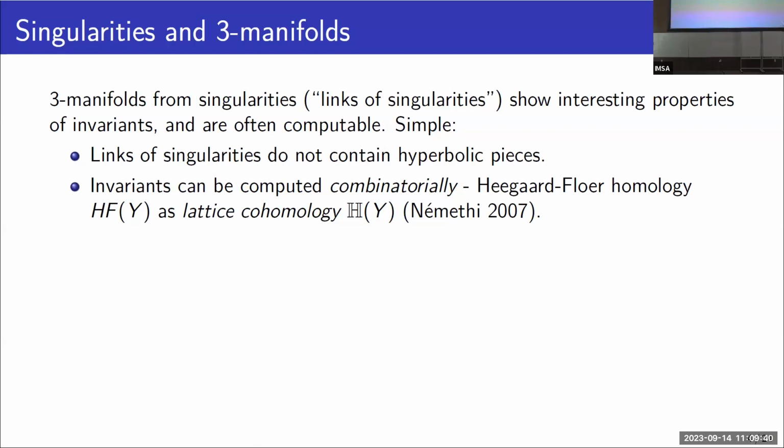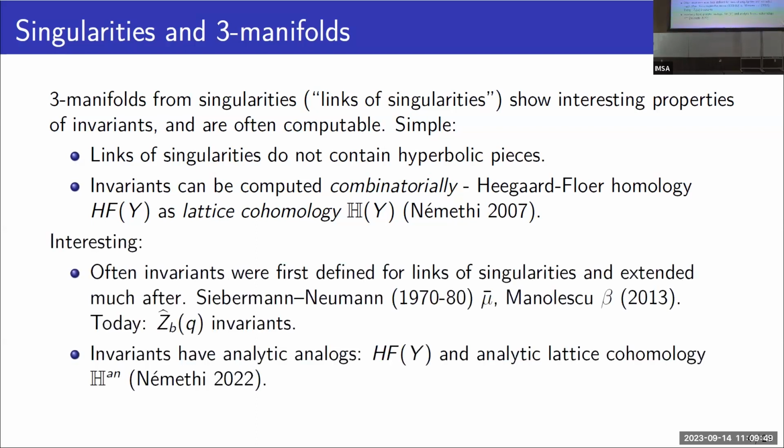It's called lattice cohomology because it's defined using the natural lattice which is assigned to this tree manifold, and I will talk about this lattice later. At the same time, they are very interesting because some invariants were first defined for this class of manifolds, and then it took many years to extend them to a general 3-manifold. So this is the power of the combinatorics.